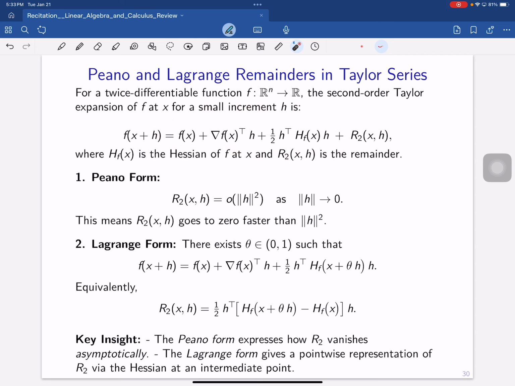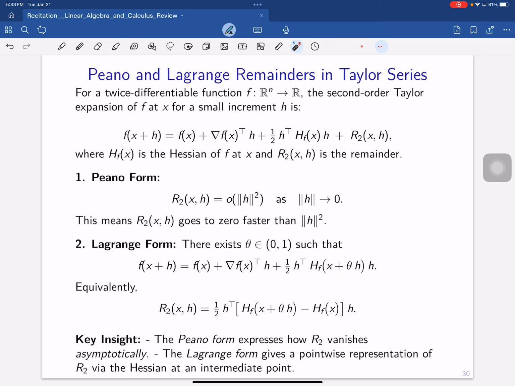But the Lagrange form gives you an exact expression, where you are still going to use the gradient, but for the Hessian, you are not going to use the Hessian at x, but a Hessian evaluated somewhere between x and x plus h. Okay, so we are taking a combination of x and x plus h, using this theta parameter, which is between 0 and 1 here.